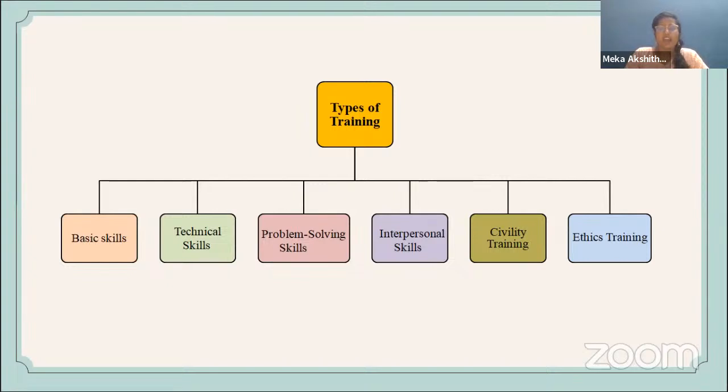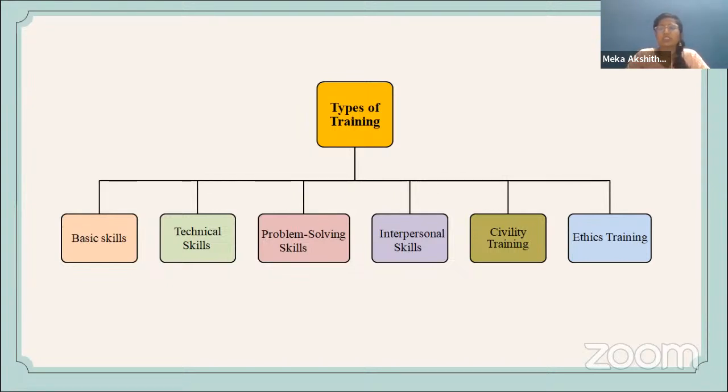The trainer would ask the employees to think and analyze the problem and see what solutions can be used to solve it. Giving imaginary problems and situational problems, hypothetical situations, would enhance the problem solving skills of the employees. That is problem solving skills training.